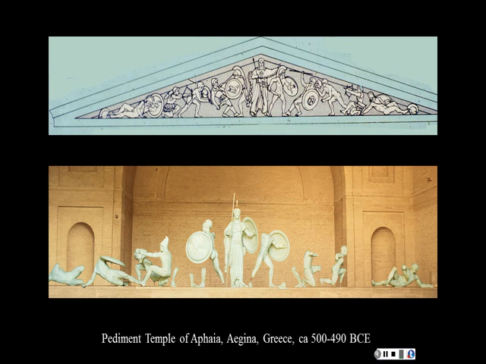This is the sculptural group that remains. This is what it would have looked like in antiquity. Oh no, sorry, this is wrong. This is the west side. This is the east side. Both depict a battle of the Trojan War. We see Athena here in the center.